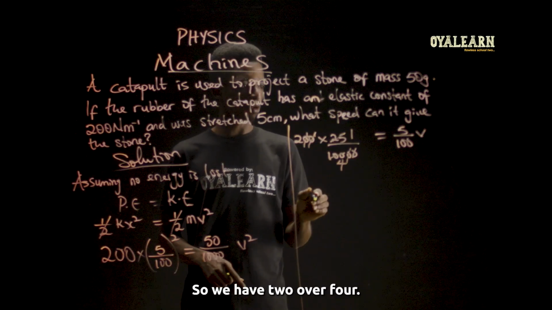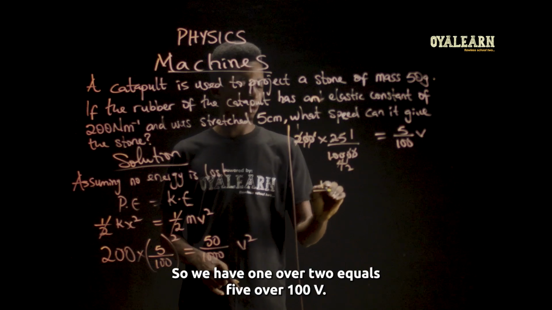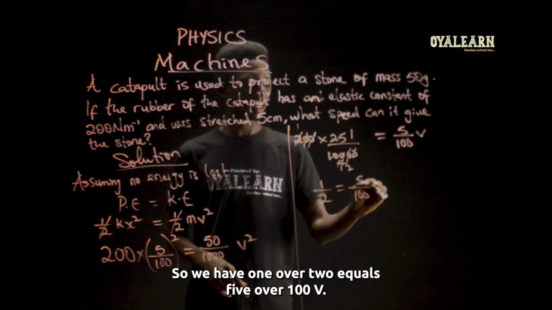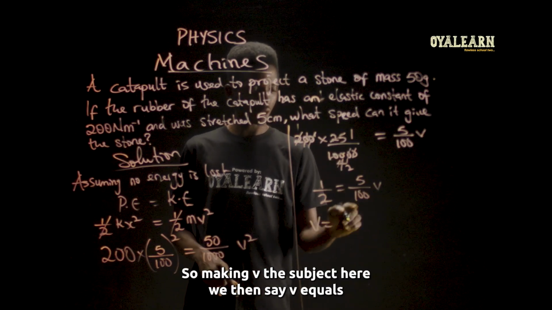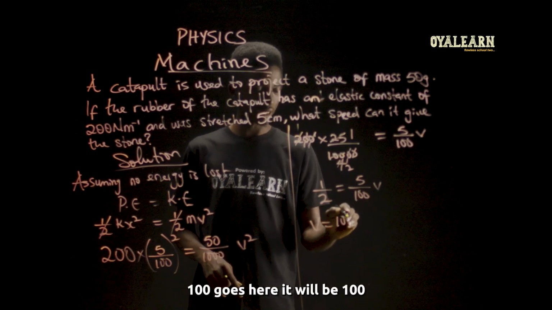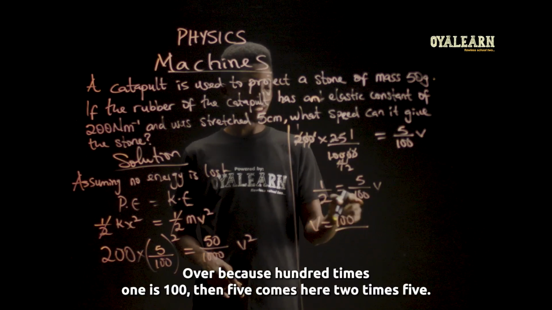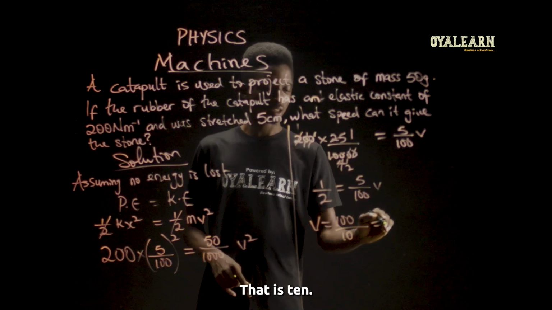Right? So we have 2 over 4. So 2 here 1, 2 here 2. So we have 1 over 2 equals 5 over 100 V. So making V the subject here, we then say V equals 100 over, because 100 times 1 is 100, then 5 comes here, 2 times 5, that is 10.